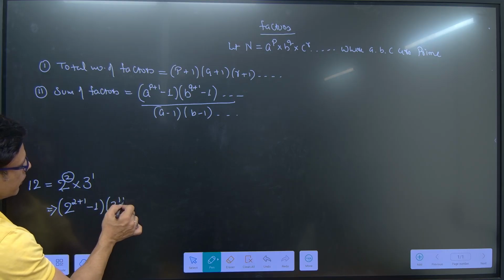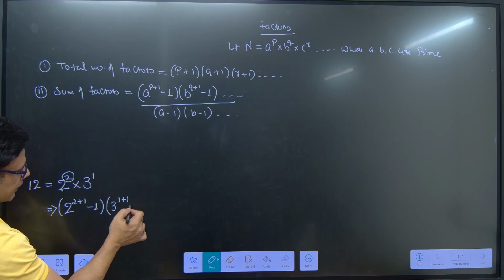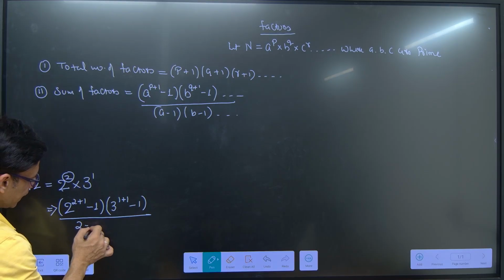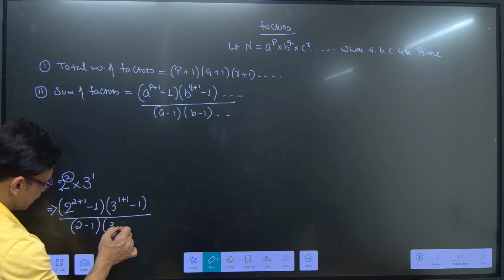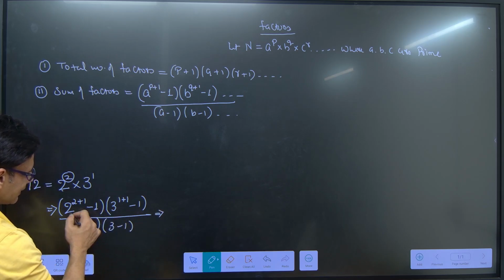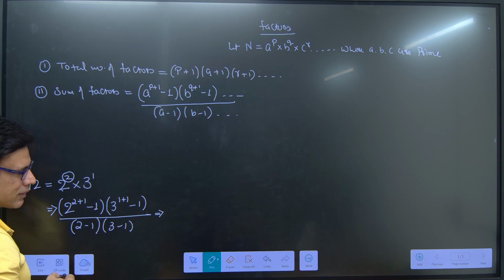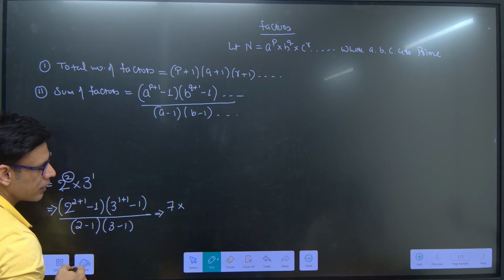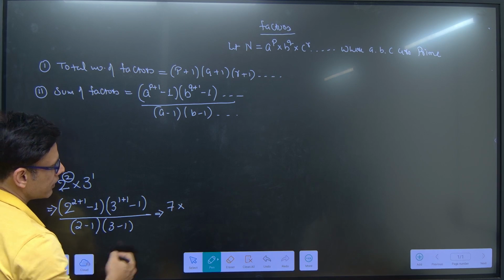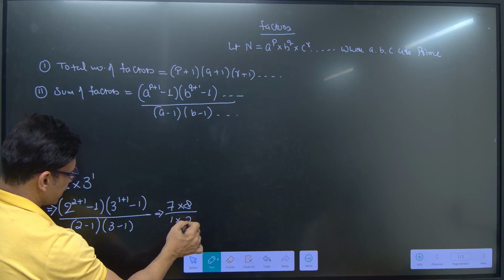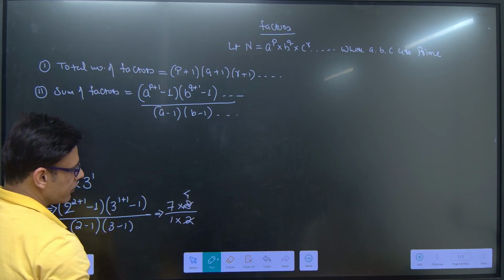3 raised to the power 1 plus 1, adding in the power, whole minus 1, divided by 2 minus 1, 3 minus 1. What is 2 cube? 2 cube is 8 minus 1, 3 square is 9 minus 1, over 2 minus 1 is 1, 3 minus 1 is 2. 2 twos are 4, 7 fours are 28.